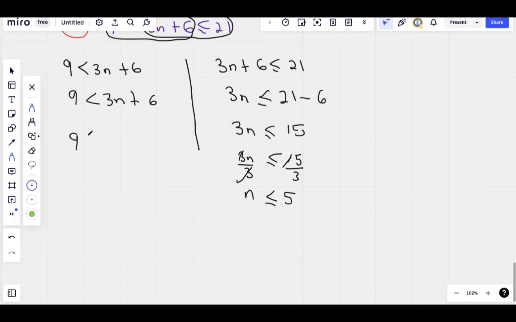When it comes to the left side, it becomes negative 6. 9 minus 6, we get 3. So 3 is less than 3n. So we divide both sides by 3 in order to find n. Divide here by 3, divide here by 3. This 3 cancels this 3, we have n left here. And this 3 cancels this 3, we have 1 left here.